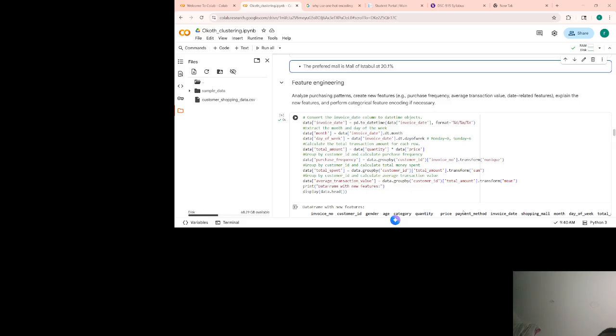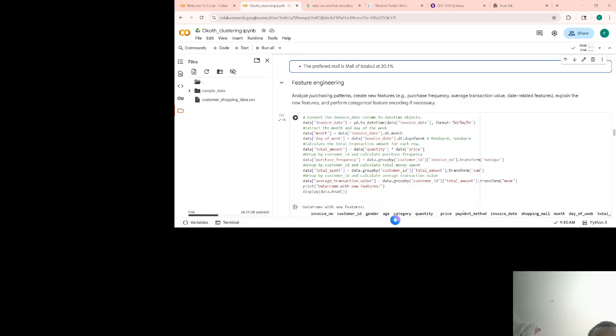After that, I did some feature engineering where I added some features of interest. I converted the invoice date format from object to datetime.